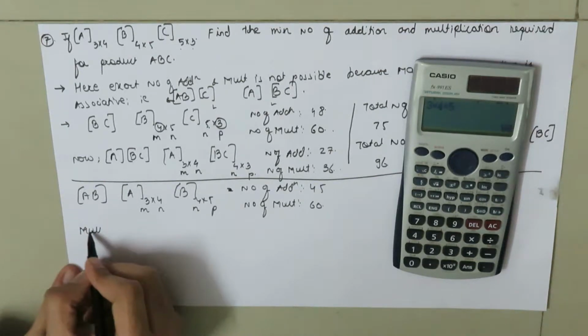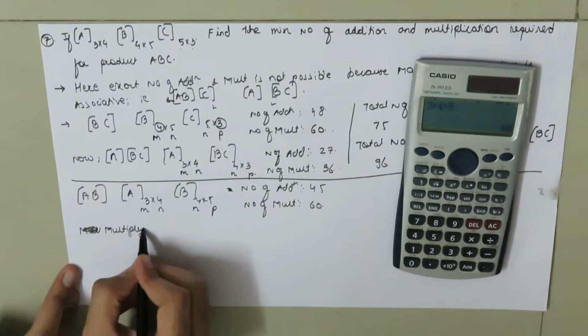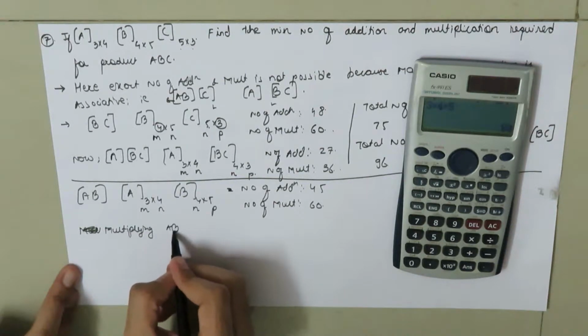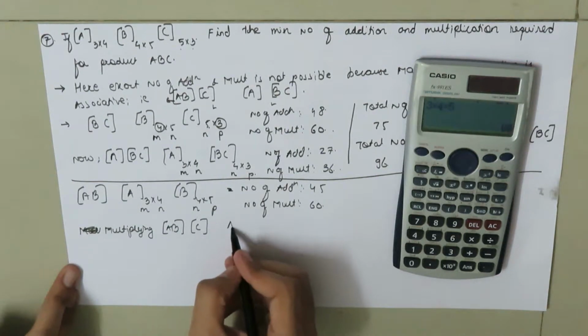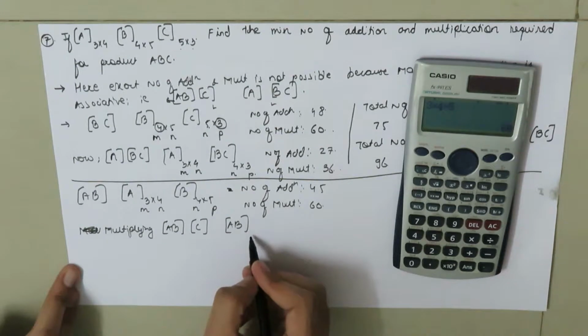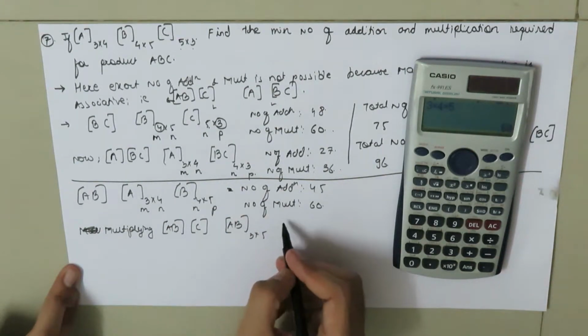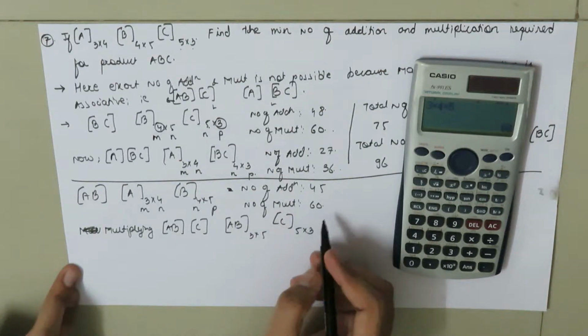So multiplying matrix AB with matrix C. Here AB has 3 rows and 5 columns, and matrix C has 5 rows and 3 columns.